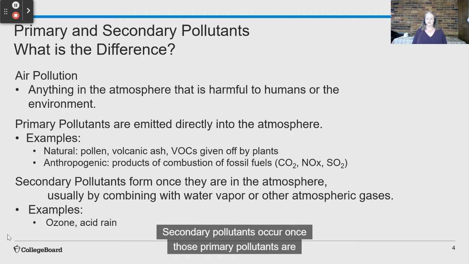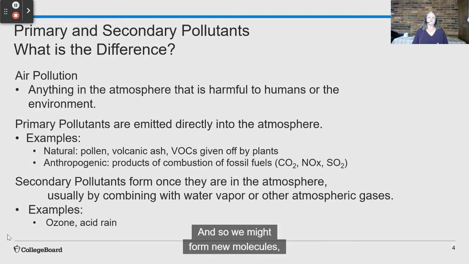Secondary pollutants occur once those primary pollutants are in the atmosphere and they interact with other atmospheric gases, with each other, or in the presence of sunlight. Ultraviolet radiation can break down some of those elements. And so we might form new molecules, new types of pollutants.